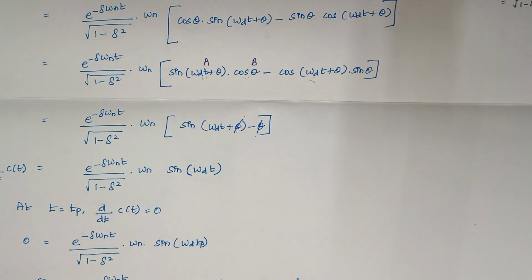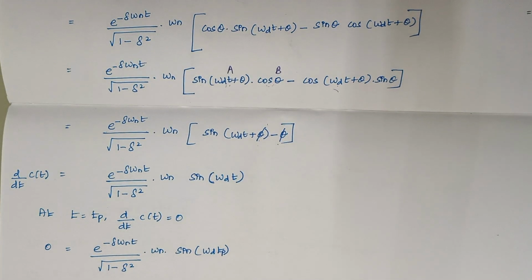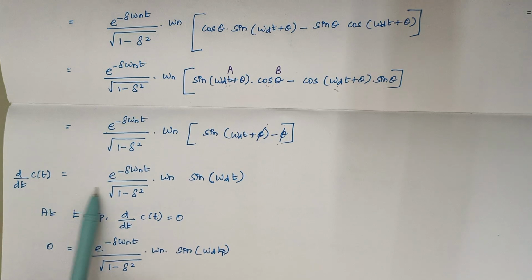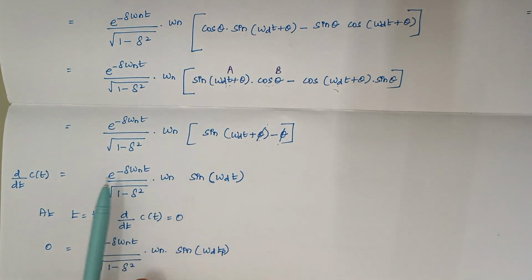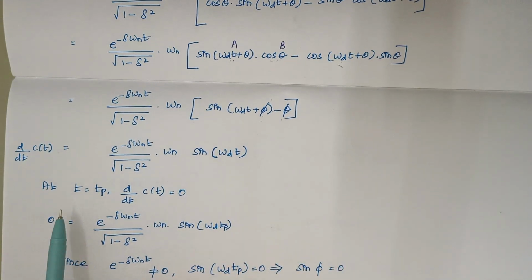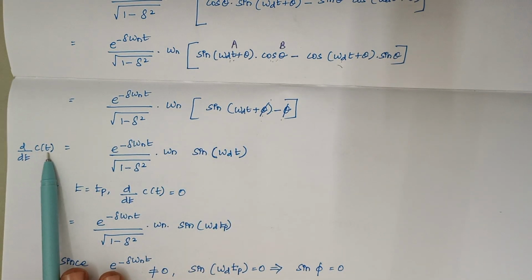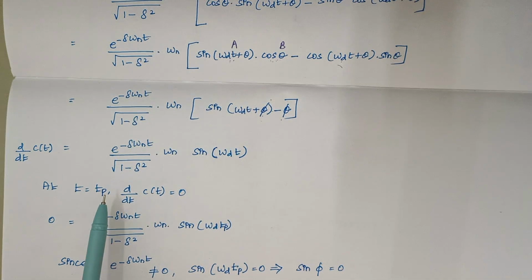So we got it differentiated, and finally the next step is we have to differentiate this equation we have done, and make this equation equal to 0. So here just replace the value of t by Tp because we are calculating peak time.